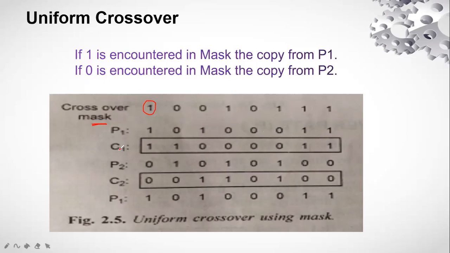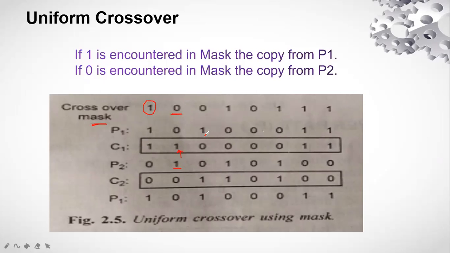So when I create child 1, I'll see the mask. Here I encounter 1, so I'll copy from which one? P1. So 1 is copied here. Then I encounter 0. So when I have 0, I'll copy from parent 2. So this is copied from parent 2, not from parent 1. Right?